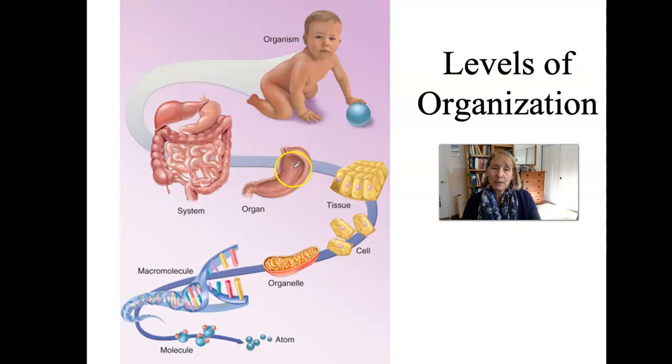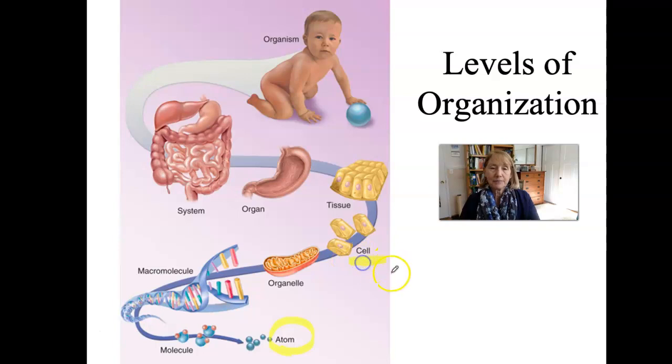Many tissues make up an organ, many organs can make up a system, and so on and so forth. And we keep getting smaller and smaller until we get down to the atom, which is non-living.